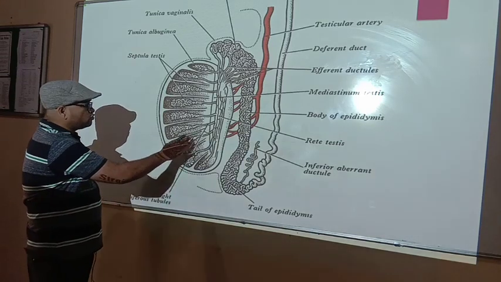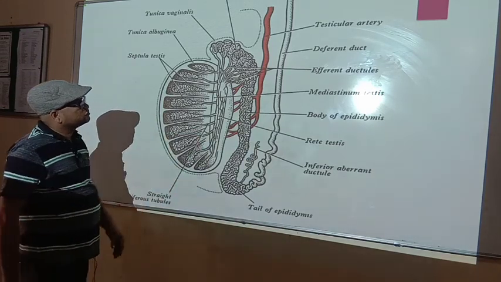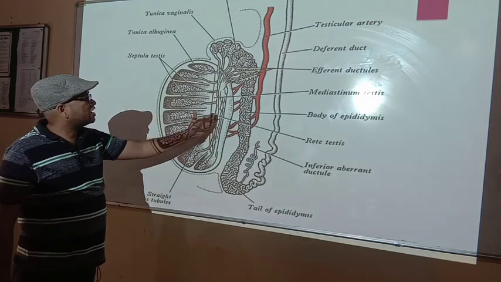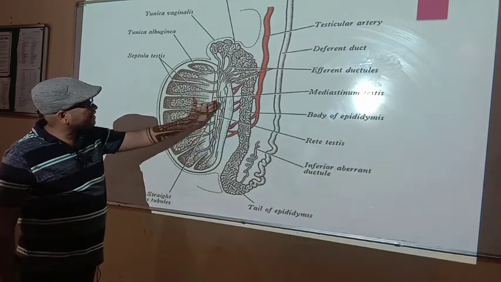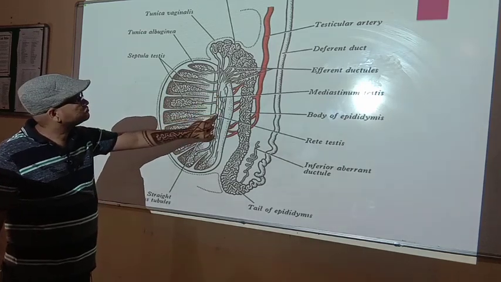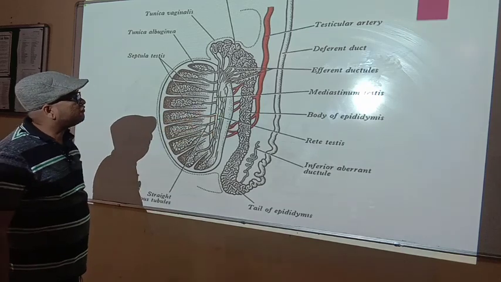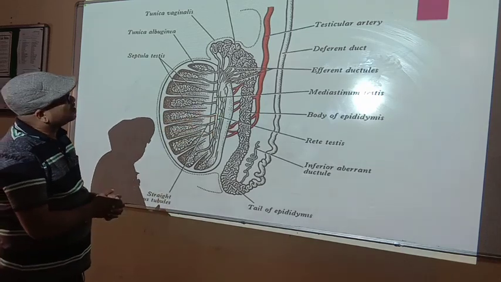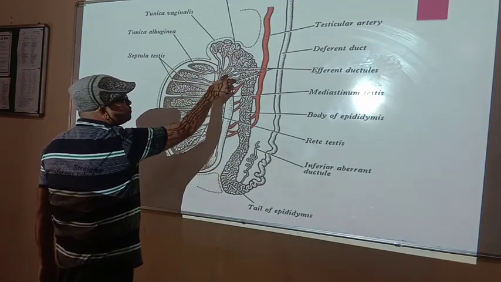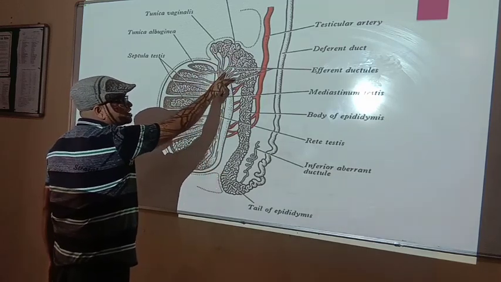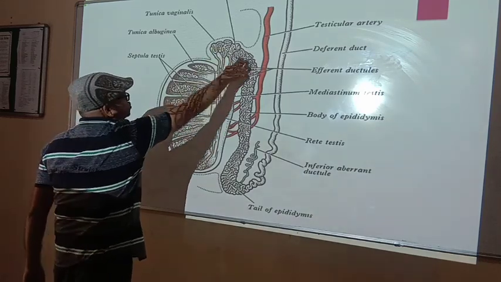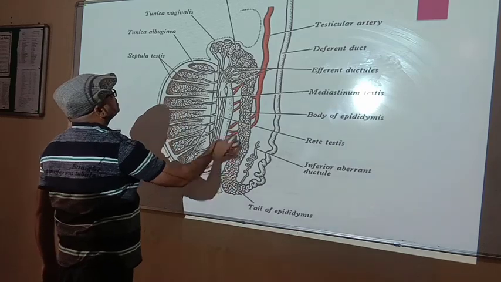Now the seminiferous tubules get straightened to open into a tubular structure, and these tubular structures make a network, called the rete testis, and the rete testis is further joined to the epididymis through different channels. These tubes are called vasa efferentia, and this is the supercoiled epididymis that has 3 parts.